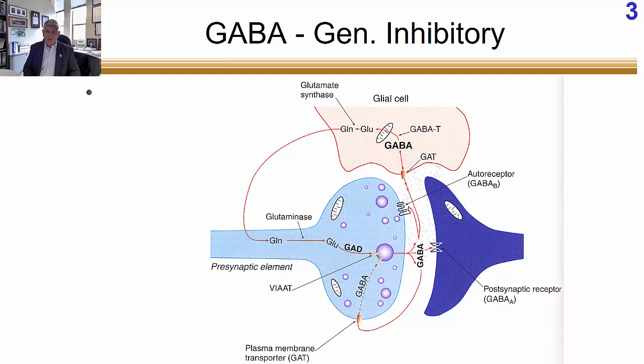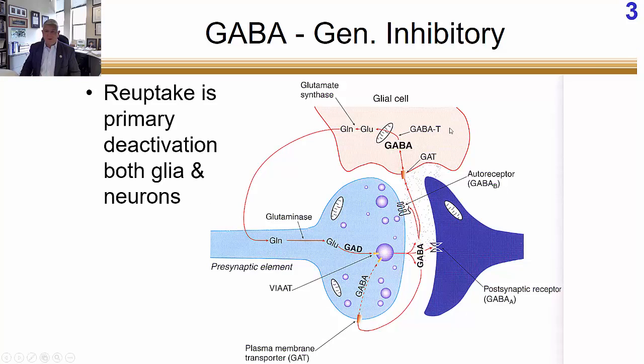All right, so here's the pathway. So we talked about glutamine being released by astrocytes and then taken up by now a GABAergic cell, which is then going to convert glutamine into glutamate, and then glutamate gets converted into GABA, and then GABA is released.